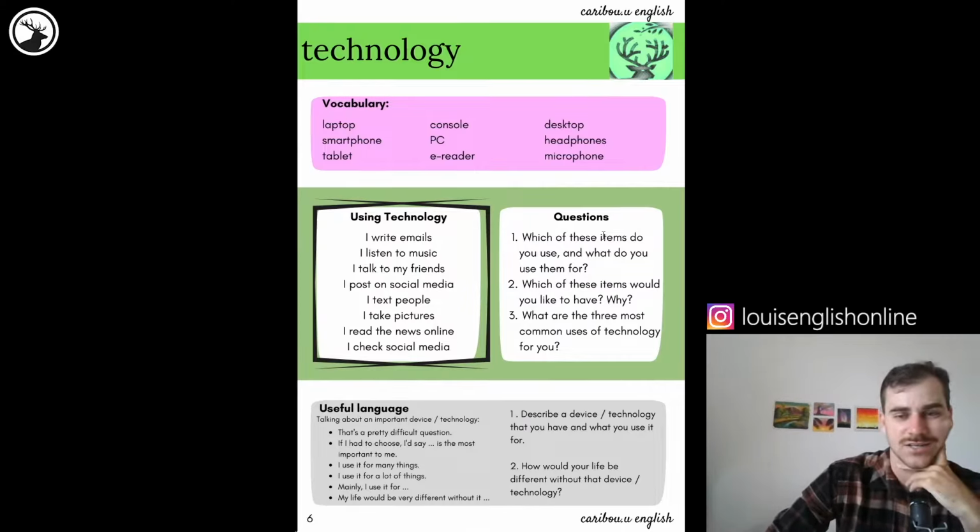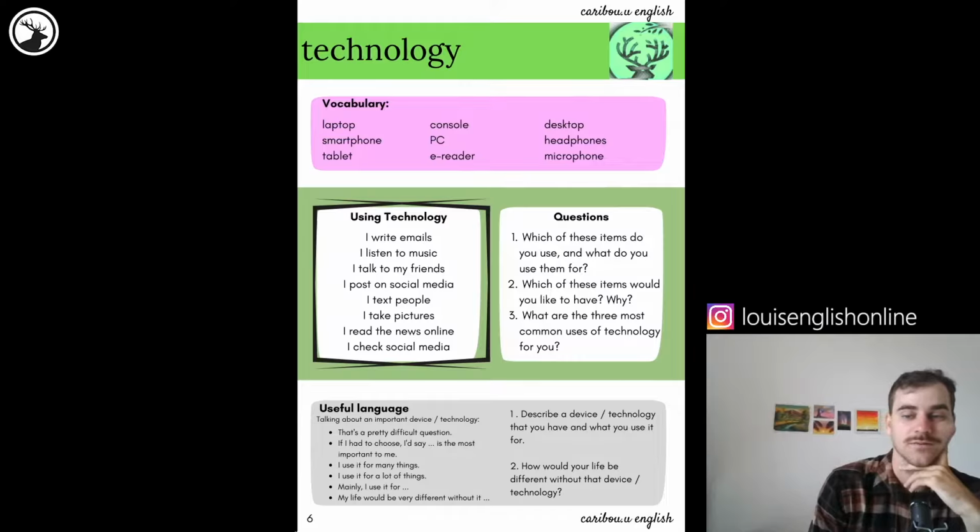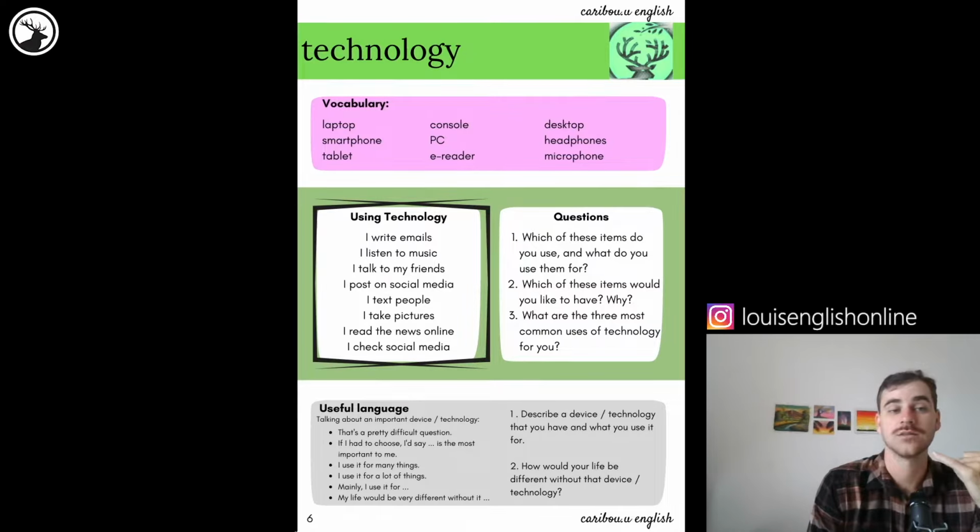So let's practice answering these questions. Which of these items do you use, and what do you use them for? So you could say, I use a smartphone to talk to my friends.